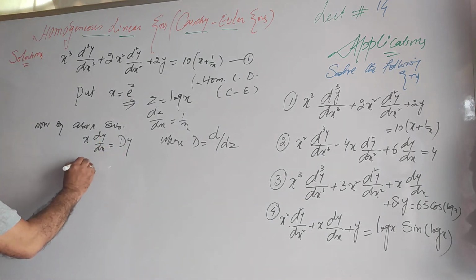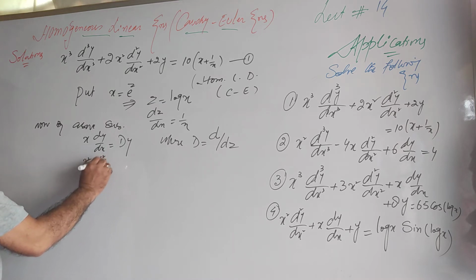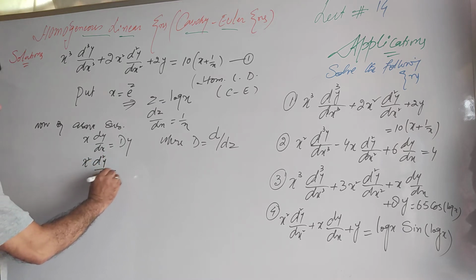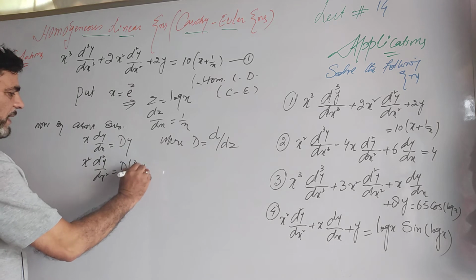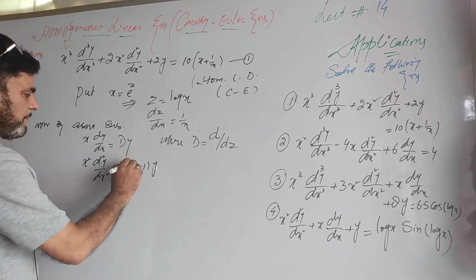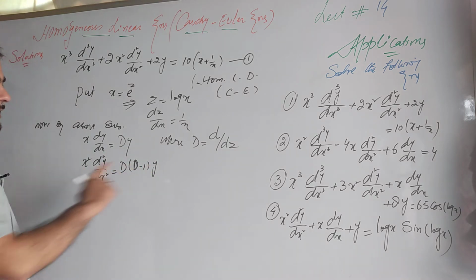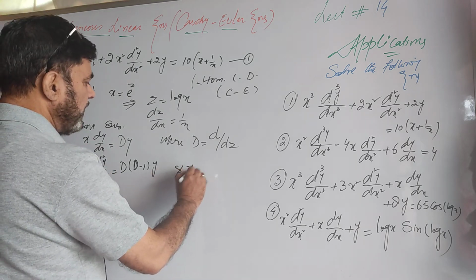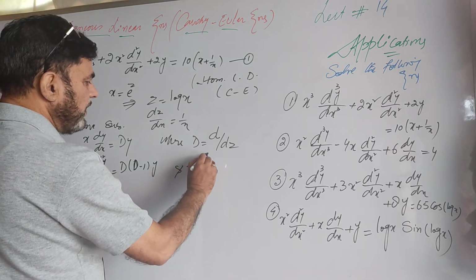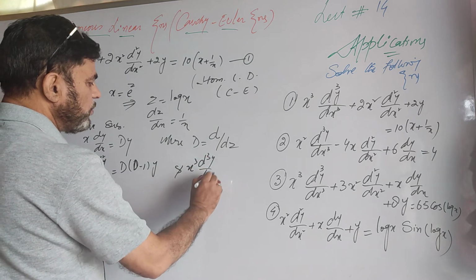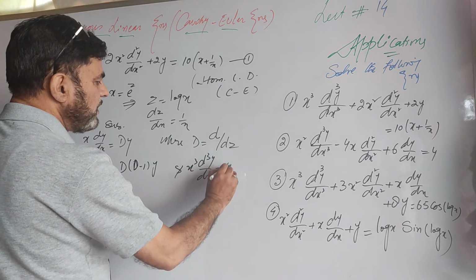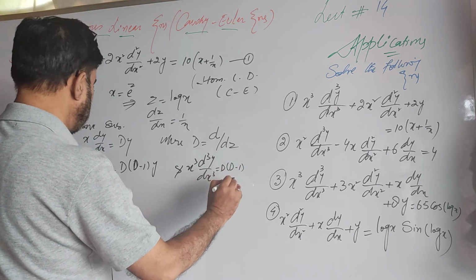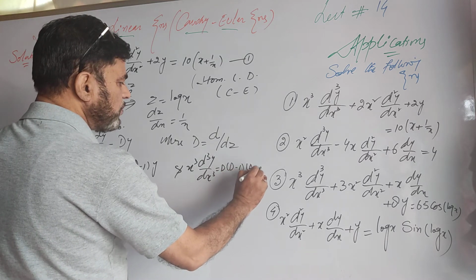Then you have x square d2y by dx square. What is this? It is D into (D minus 1) into y. And because you have x cube here, x cube d3y by dx cube will be D times (D minus 1) into (D minus 2) into y.